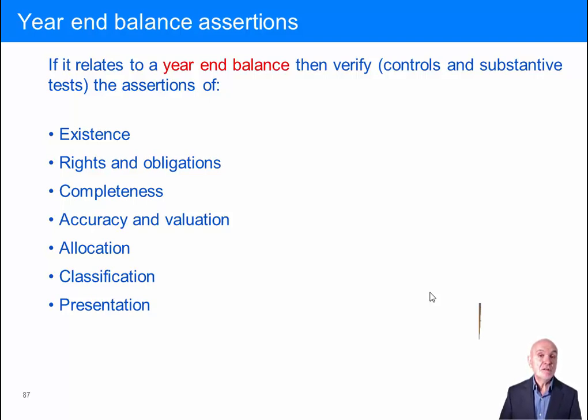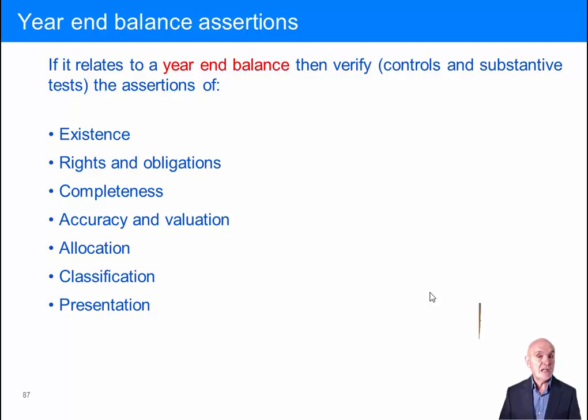Allocation, in inventory, it would mean you'd have to go and examine the overhead absorption rate, which was used to bring in some of these overheads into the work in progress and into the finished goods, so that we know that they were being properly dealt with. Classification, that something is plant and machinery, it's not vehicles, it's not land and buildings. We have to go and gather sufficient appropriate evidence that the classification is correct.